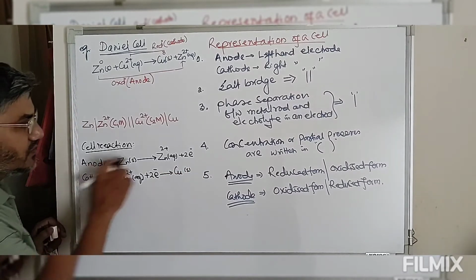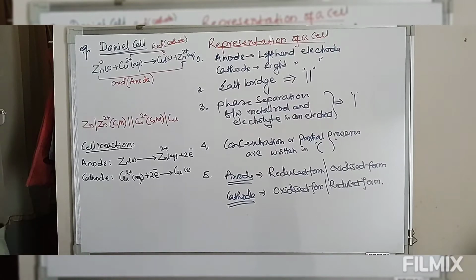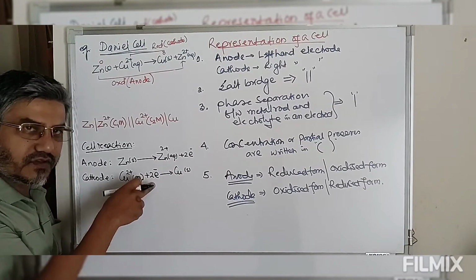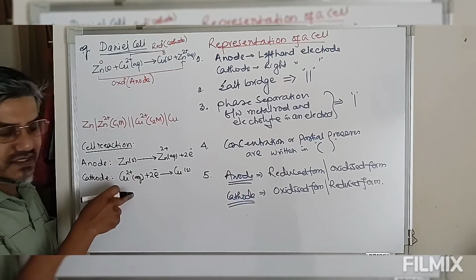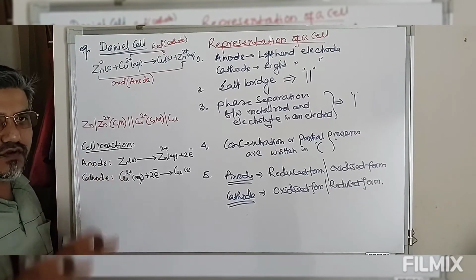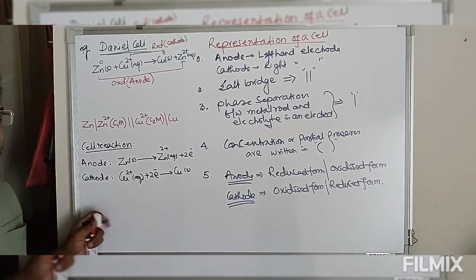So this is the individual reaction taking place at anode and cathode. Now in this case, the number of electrons is the same. If the number of electrons is not the same, we have to balance the reaction. That means in a redox reaction, the number of electrons involved in oxidation and reduction should be exactly identical.